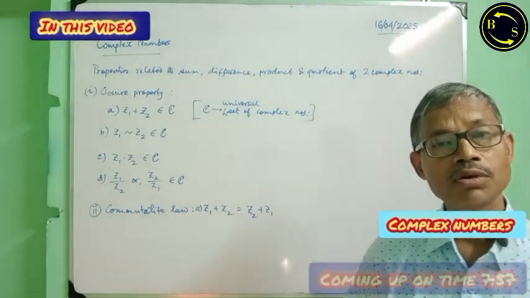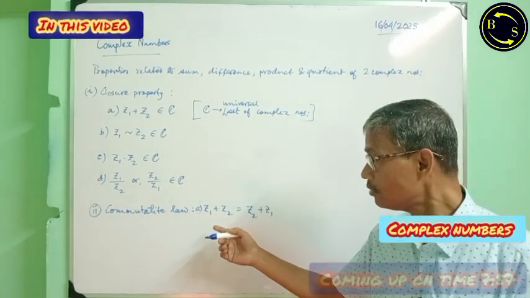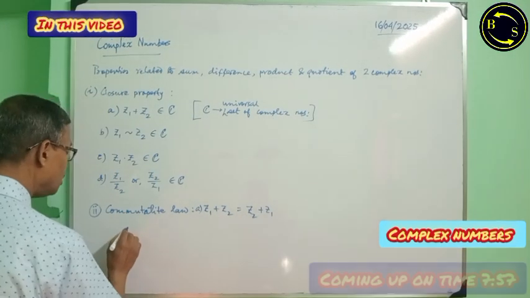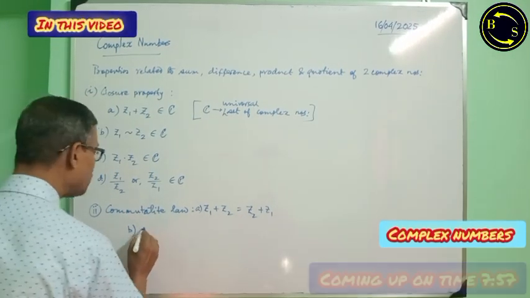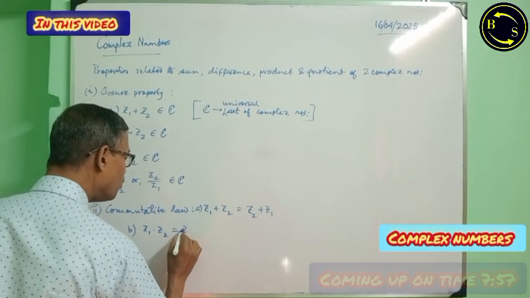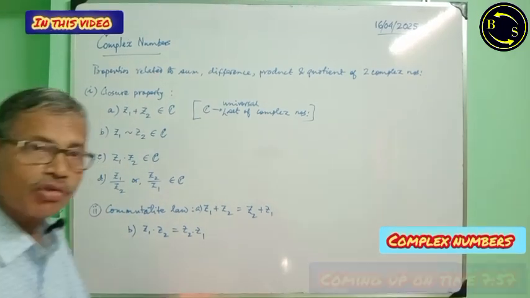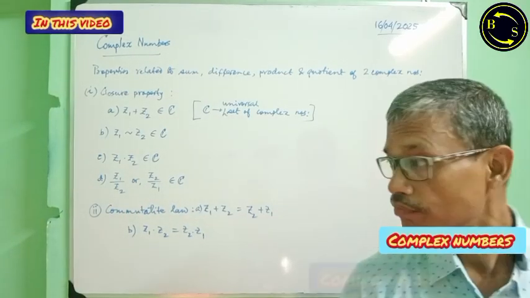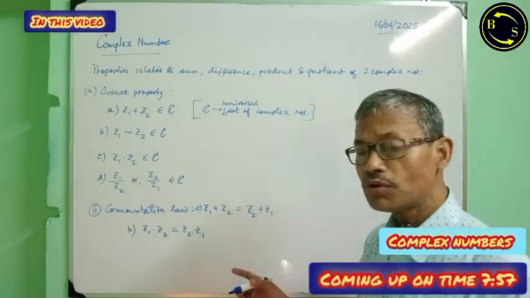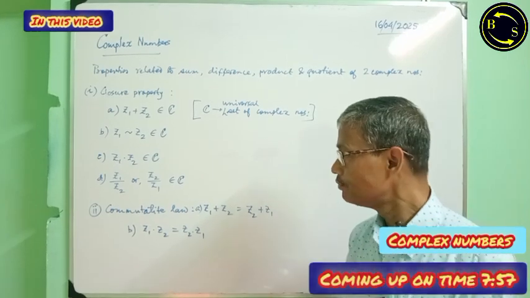A plus B is equal to B plus A, commutative law holds in case of sum or addition. This holds also in case of product. Already I have discussed in the last episode, but difference and quotient do not obey commutative law, as in case of real number system.